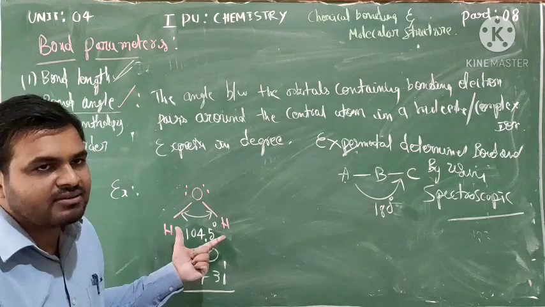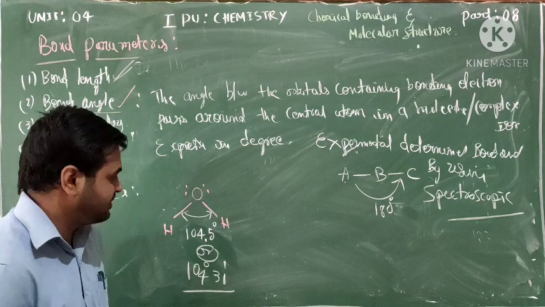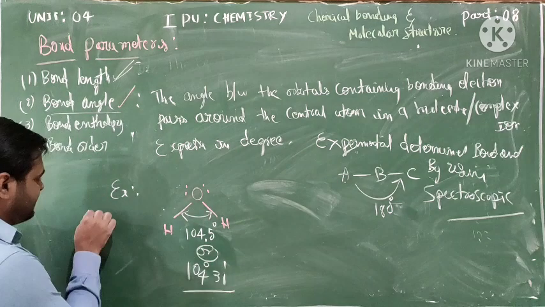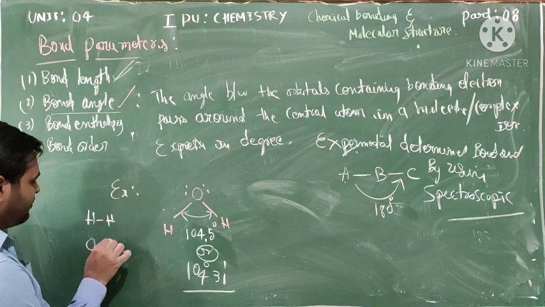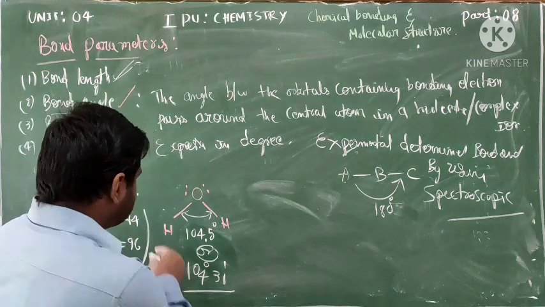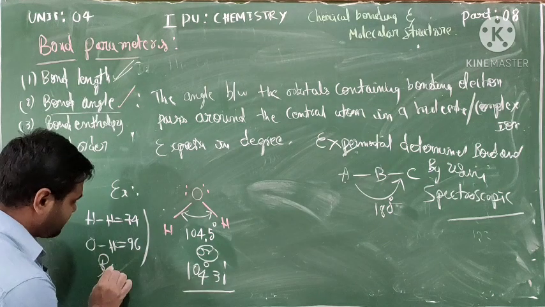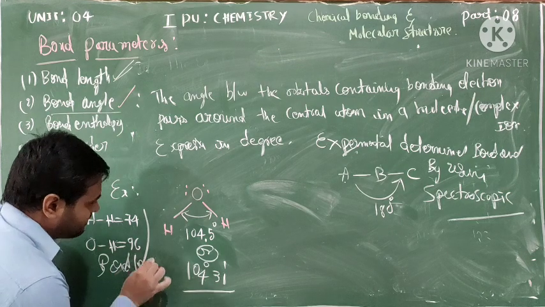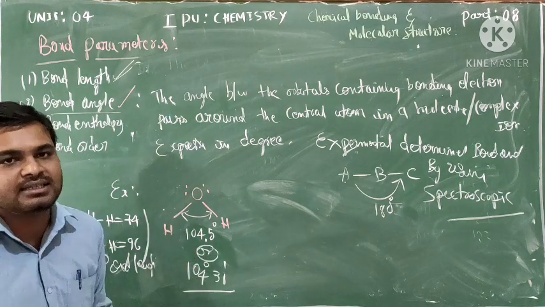This is the bond angle of the water molecule. Last time we discussed bond lengths, H-H and O-H. This is 74, this is 96. These are all bond lengths. Don't confuse them; these are bond angles.